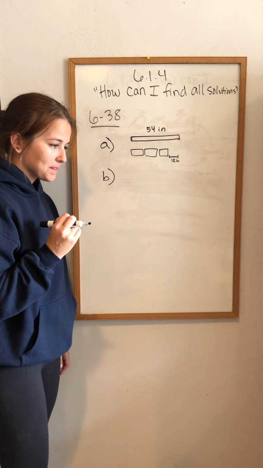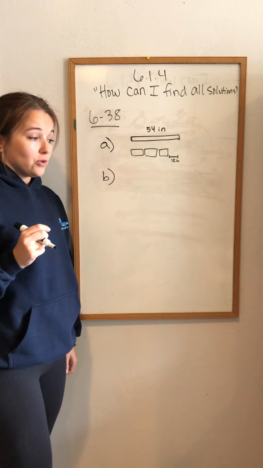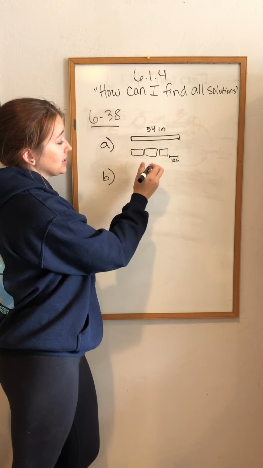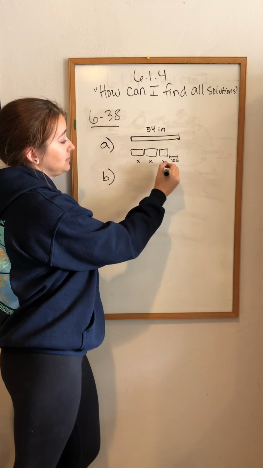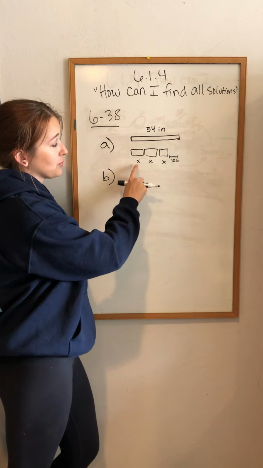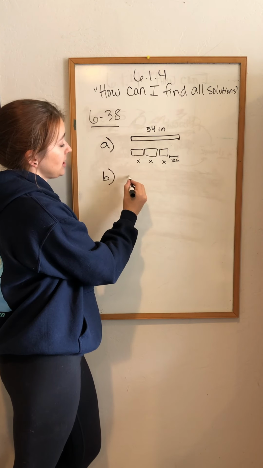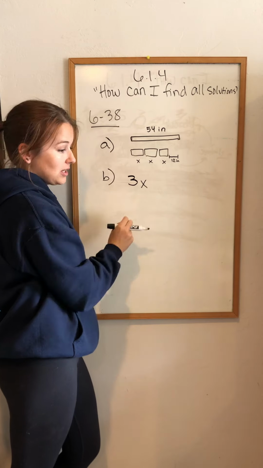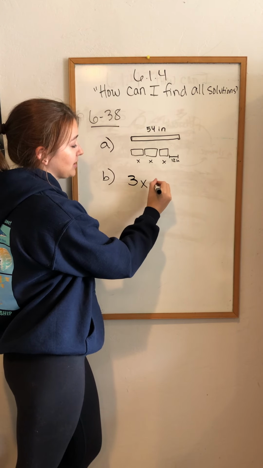Yes. We're going to write an inequality. So we know we have 3 short boards, and I'm going to label them as X's. And we have 3 of them, so you can write them as 3X, which just means 3 times X. And then we're going to add that little 12 at the end.